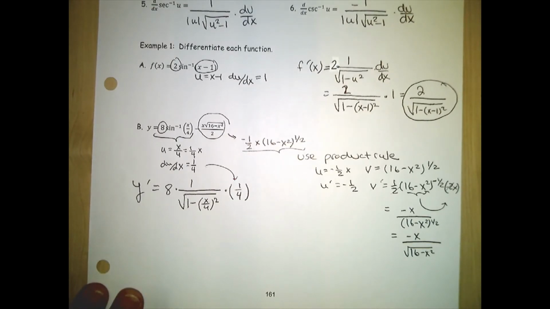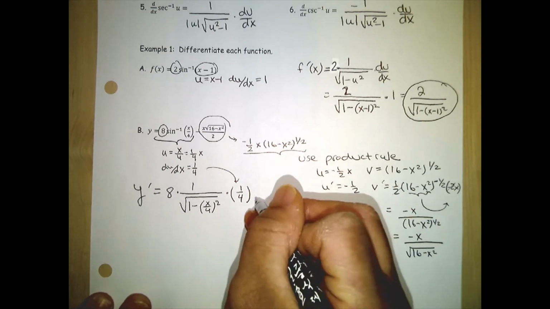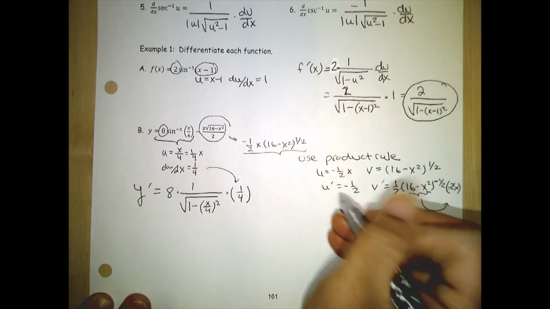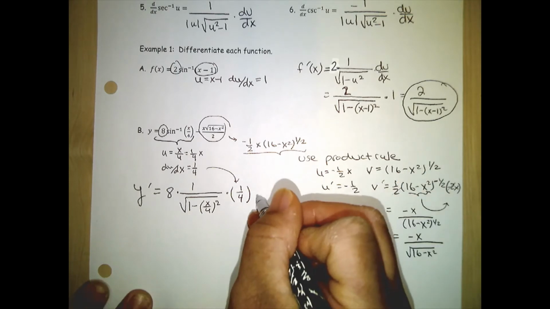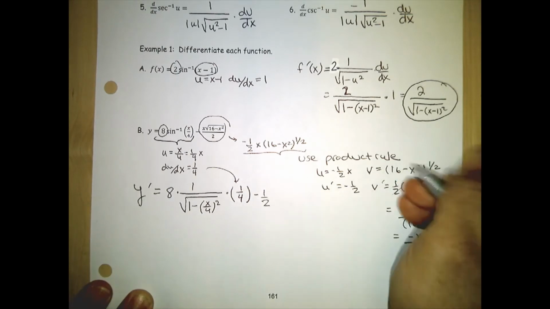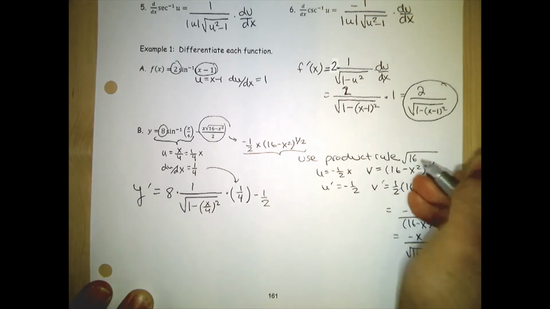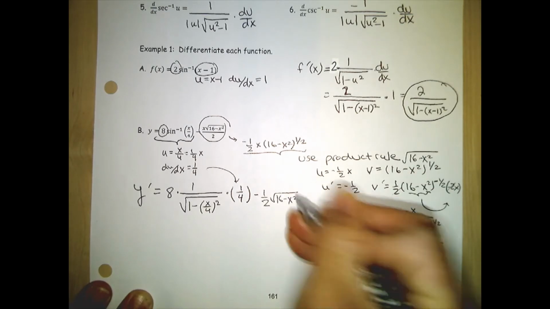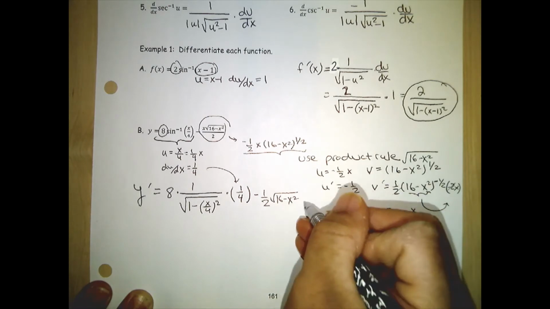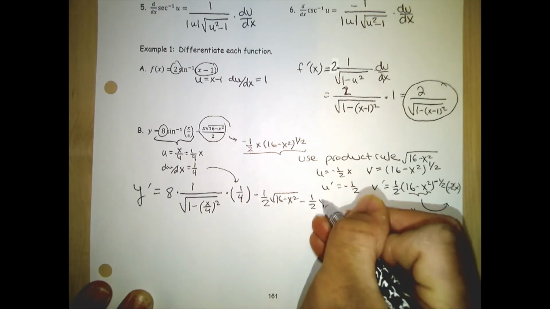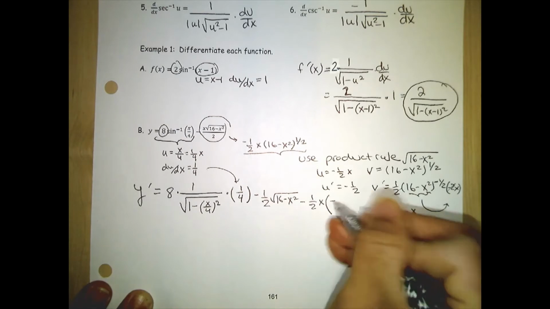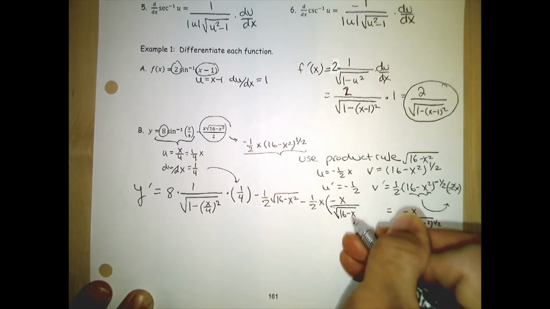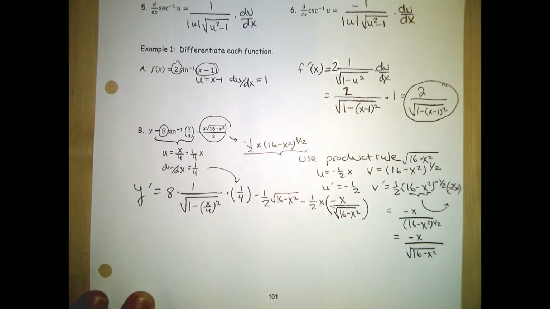All right, so now let's write this out. The product rule says it's going to be v u prime, so minus 1/2 times the square root of 16 minus x squared, then plus u v prime, so minus 1/2 x times negative x over the square root of 16 minus x squared.